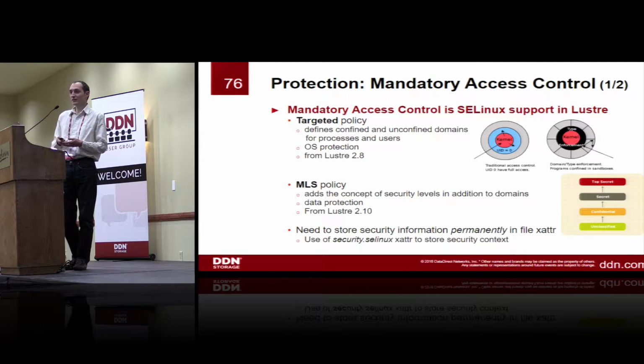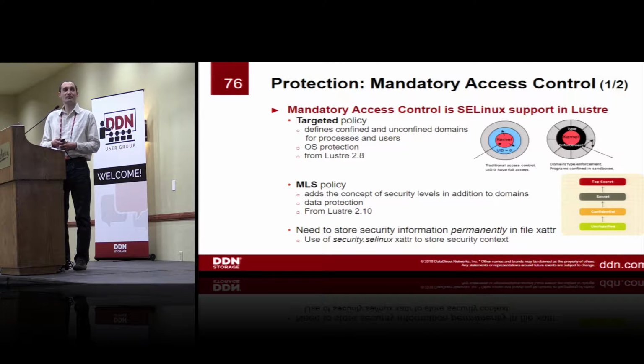More interesting, according to the little survey, is mandatory access control, which means SE Linux. I don't know if you are really familiar with SE Linux, so let me go into some details. The first main SE Linux policy is the targeted policy. So basically, the aim of this policy is to protect the OS.